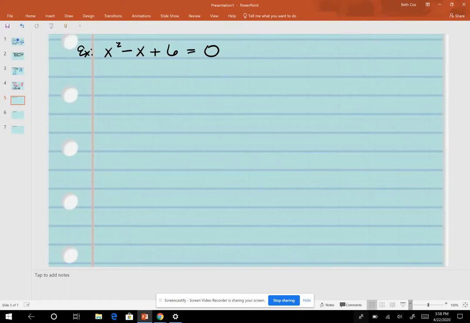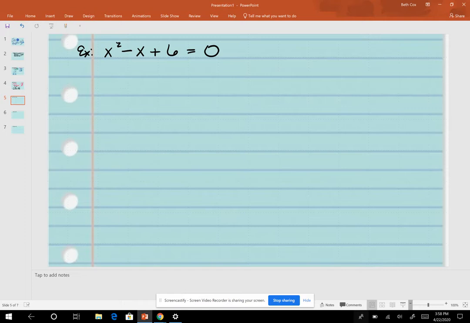The first example I want to do is x squared minus x plus 6. Okay, so first thing we need to do is make sure it says equal 0, and this one does. So that step I get to skip and move on to the second step, which is to determine your A, your B, and your C. So if we determine our A, B, and C, then we will see that A is 1, B is -1, and C is 6.